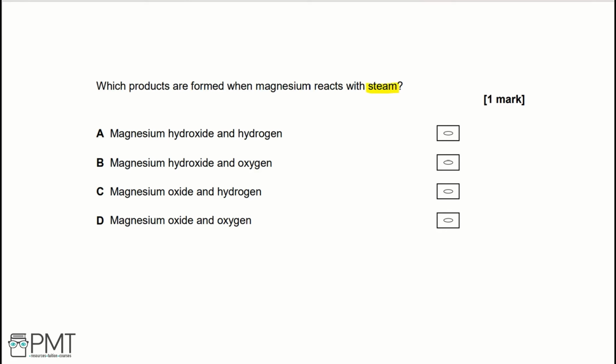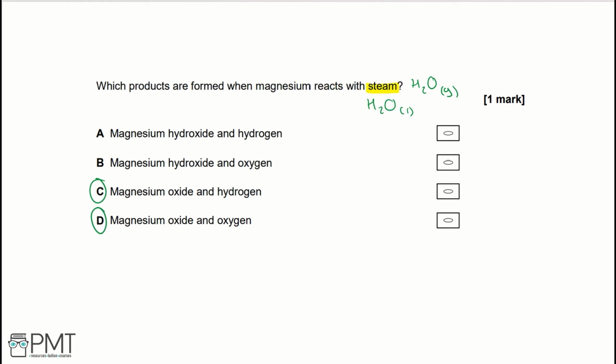So if it said water, so H2O liquid, rather than H2O gas, if it was water, we would produce a hydroxide, a metal hydroxide. And so that would be A or B. But because it's steam, we're going to produce a metal oxide. And that's going to be C or D. So between here, we've got the difference of hydrogen or oxygen gas.